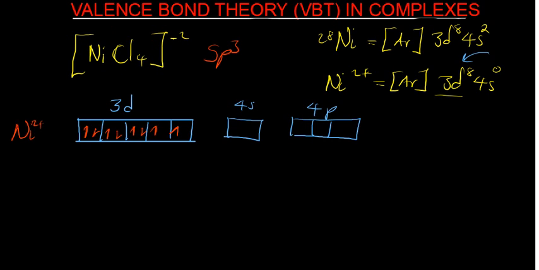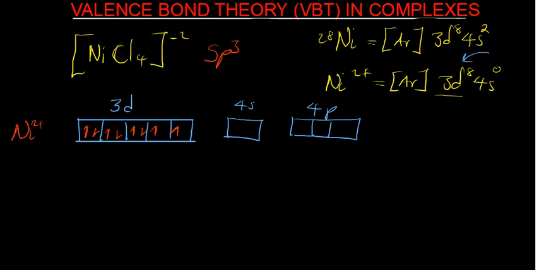So this is the hybridization that is going to happen. The 4s is going to be used, and also these 3 are going to be used, and that hybridization is going to happen here, because the nickel is reacting with 4 different things.